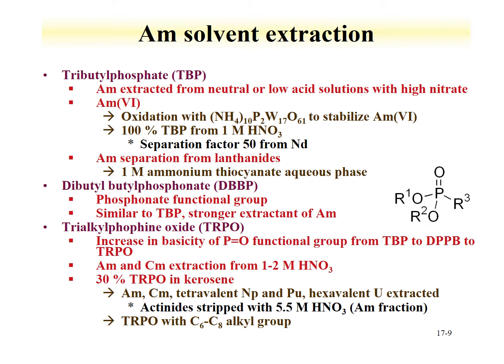The trivalent metal ions, americium and curium, can also be separated, and we'll describe both those metal ions. Tributyl phosphate separations based on solvent extraction of americium can be achieved. Americium could be extracted from neutral low acid solutions with high nitrate. Also, oxidation of americium to the 6th state will achieve a separation, as we discussed.